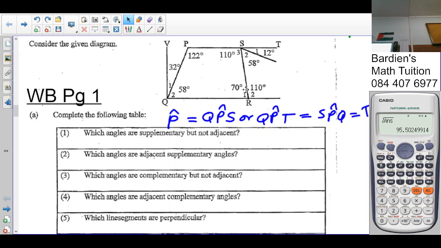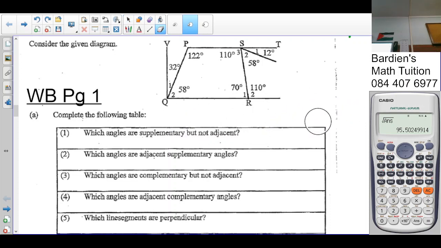You guys understand? So coming back to the question, they're saying, which angles are supplementary but not adjacent? Supplementary means add up to 180. Adjacent means next to each other. So angles that add up to 180 but are not next to each other. R1 and S3. You all agree with that?